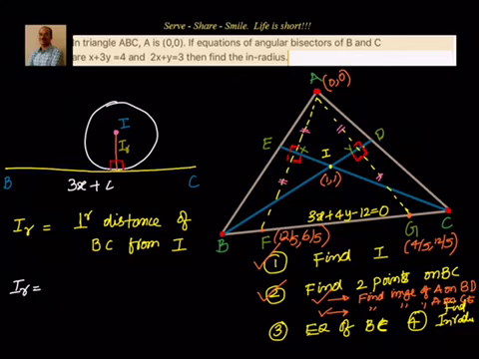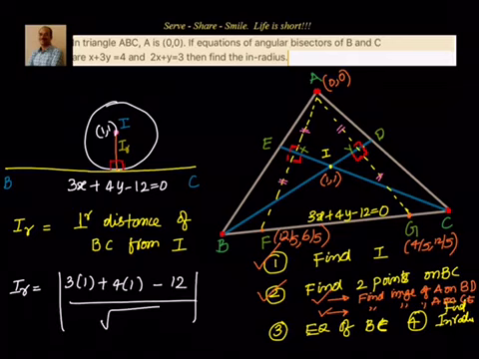Substitute 3 into 1 plus 4 into 1, because I is 1 comma 1, minus 12 divided by square root of 3 square plus 4 square, which is equal to 5 by 5, and that's equal to 1. So the inradius of this particular circle is 1.